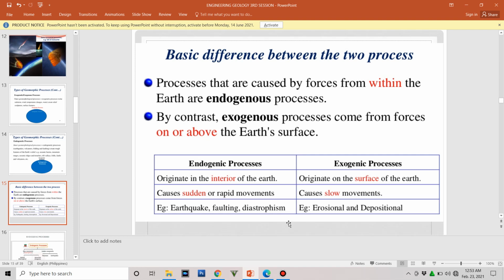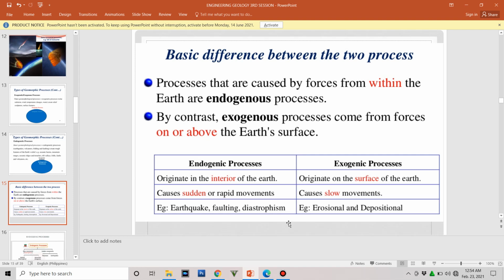Further, with the comparison, endogenetic processes originate in the interior of the Earth, while exogenic processes originate on the surface of the Earth. And endogenetic processes cause sudden or rapid movements, while exogenic processes cause slow movements.